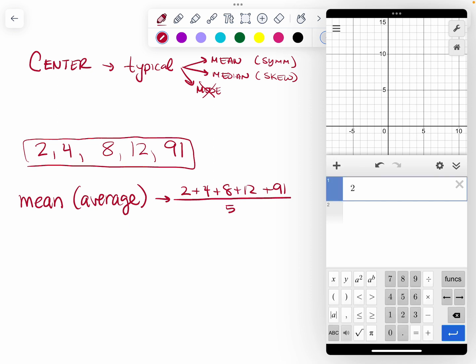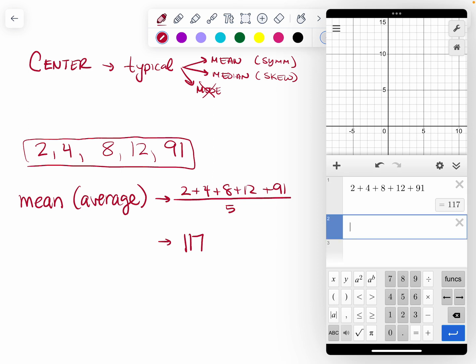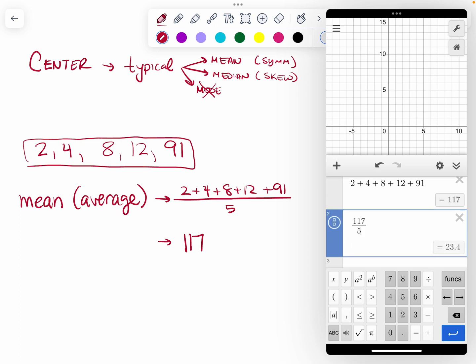So 2 plus 4 plus 8 plus 12 plus 91 is 117. Obviously 117 is not what's typical for the group. So don't forget that you have to divide by the total numbers we added up. Since there were 5 numbers, divided by 5, that's 23.4.